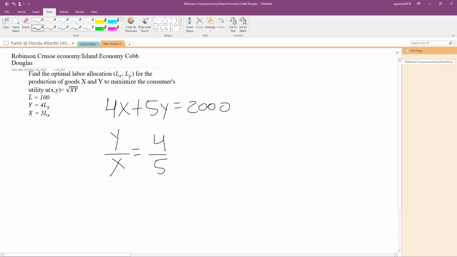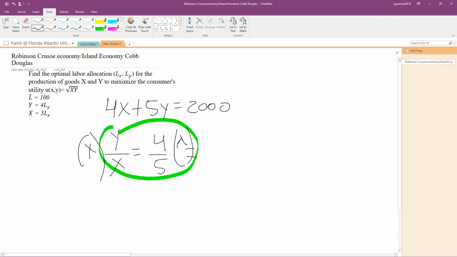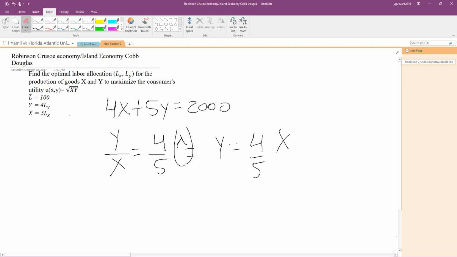So here, let's solve for y. Okay, so we multiply both sides of the equation by x. We're left with 4/5 x. Perfect. Now we know what y is.